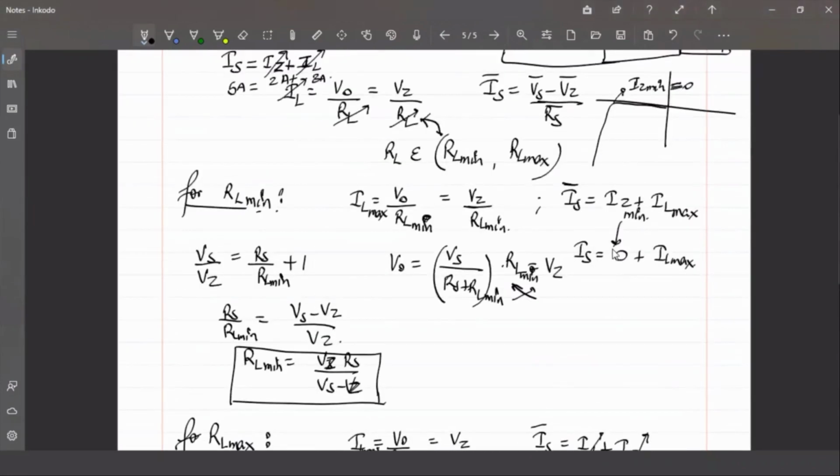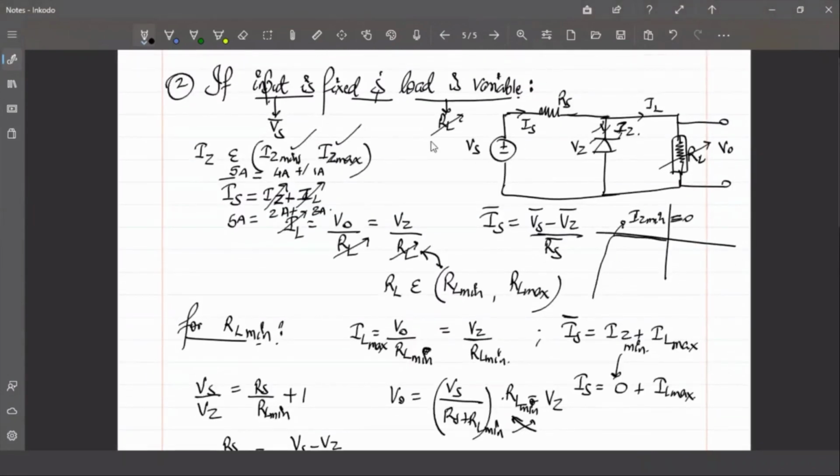That on the load side also, if there are variations in the load, the output voltage can still be maintained constant by the Zener only if the load resistance is in this particular range, RL minimum to RL max. So this type of regulation is known as load regulation.